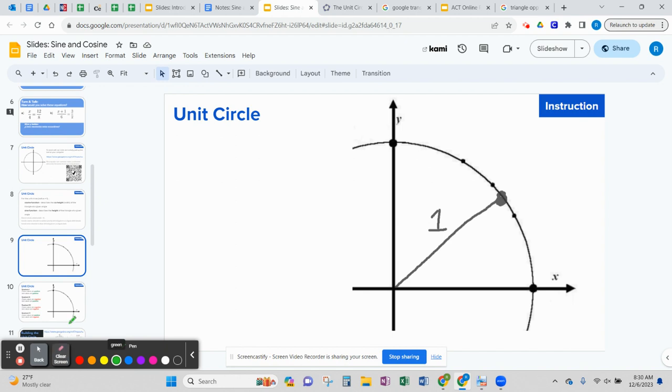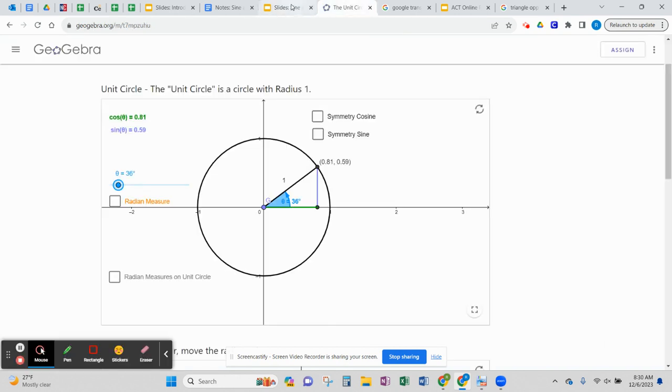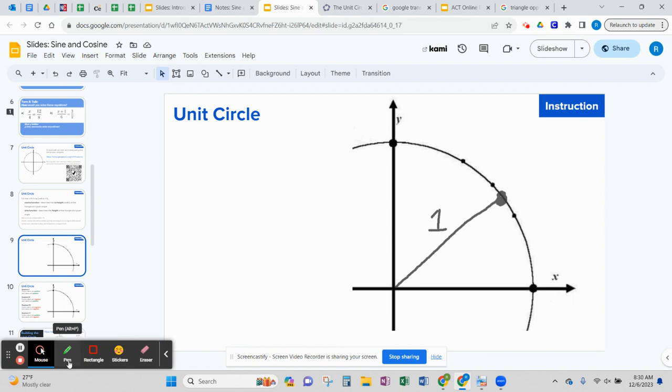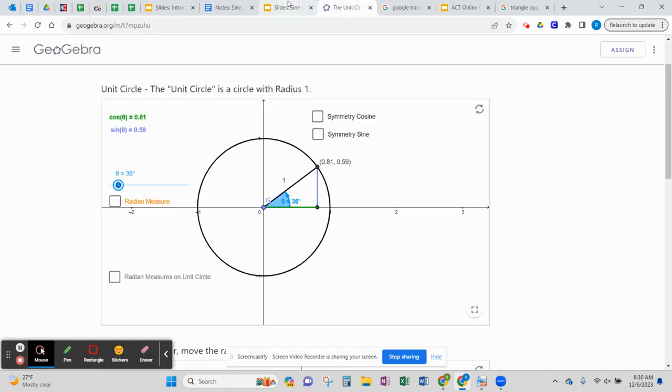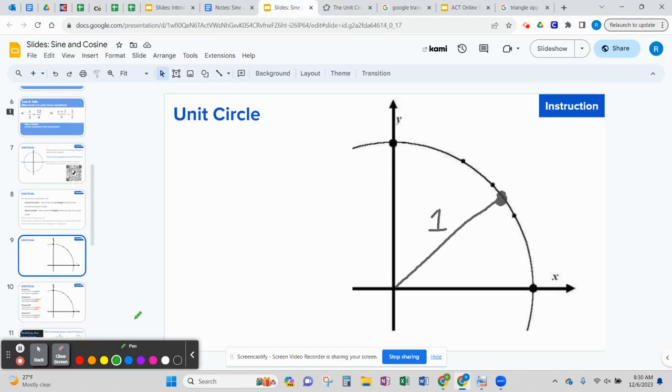If we trace down from that point on our circle, that gives us our height. This spot right here, this is our sine of theta.